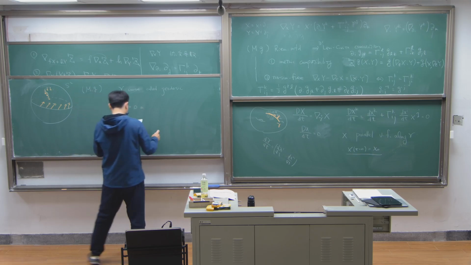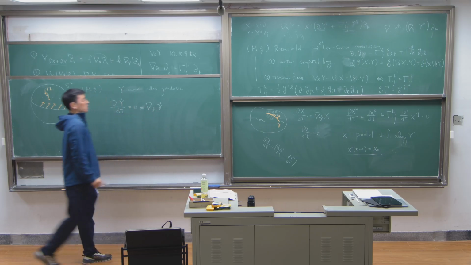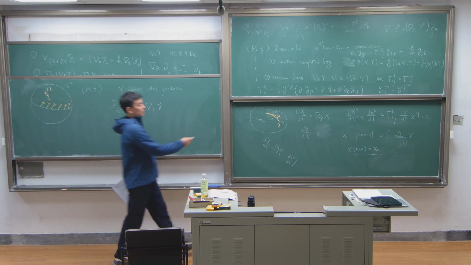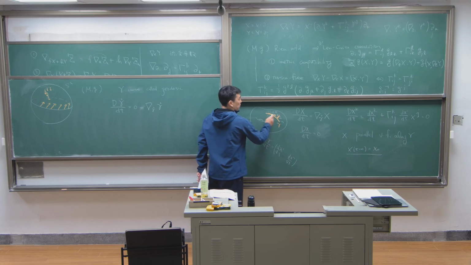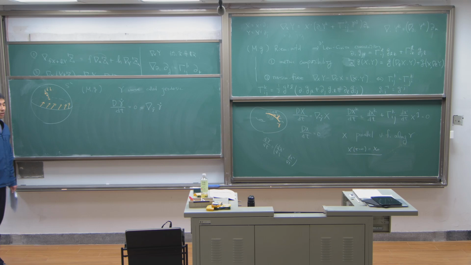This means that at each point of the curve you have a tangent vector, the speed of the curve, and you take the covariant derivative along the curve.